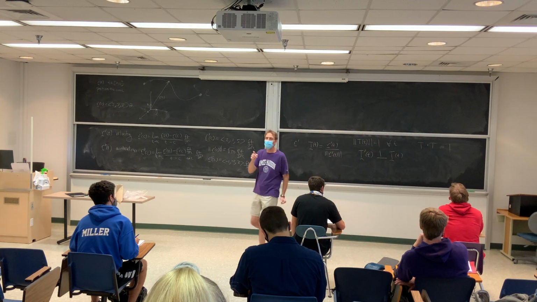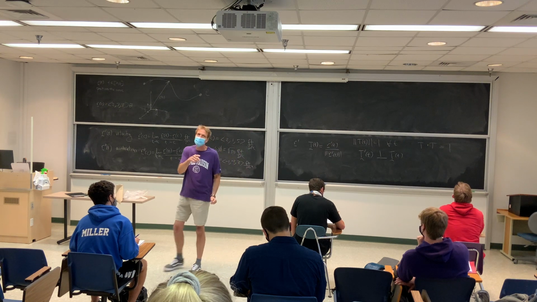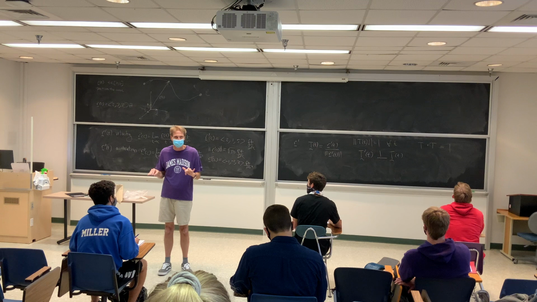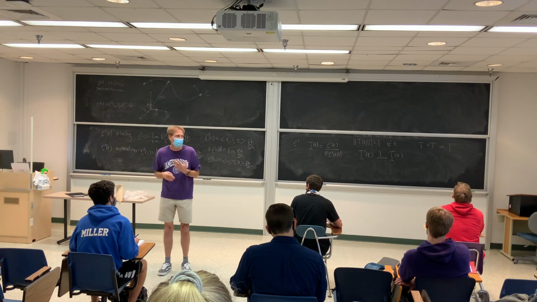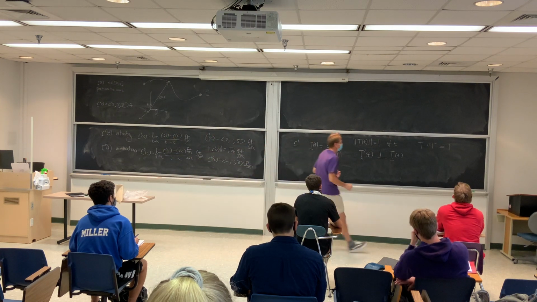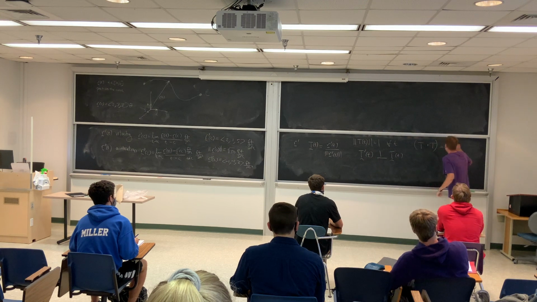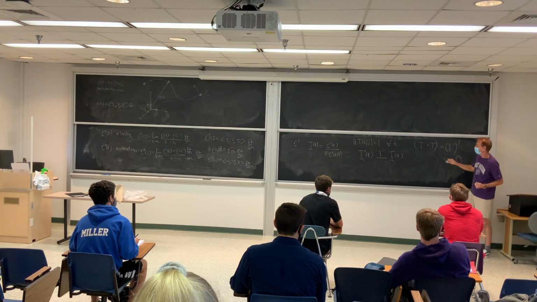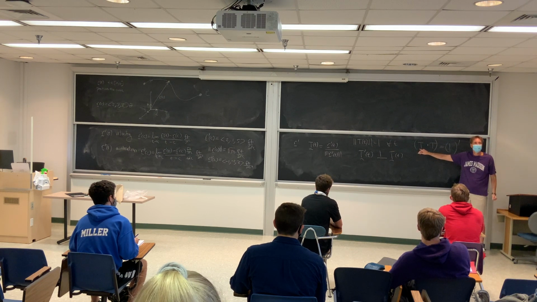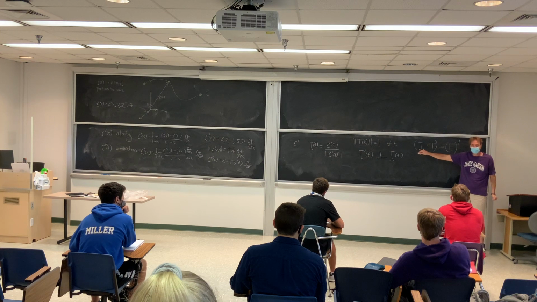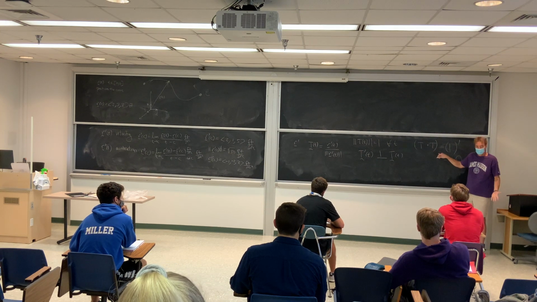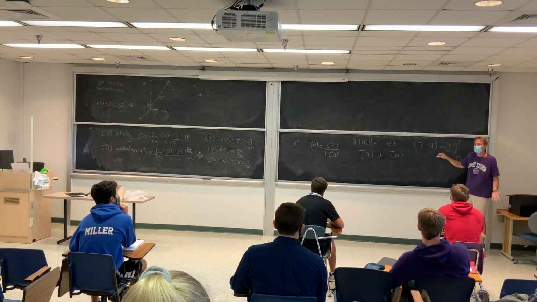Is there a product rule for dot products? Okay, you have a quest coming up. What's the product rule if I took the derivative of this side and took the derivative of that side? On this side that would be 0. But on this side, I would get T prime dot T plus T dot T prime.